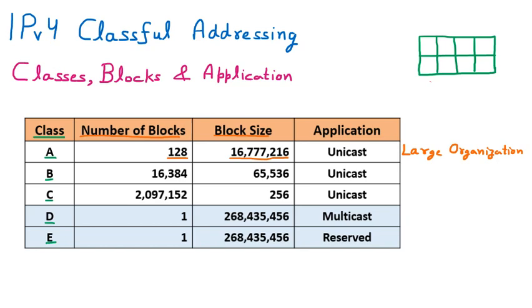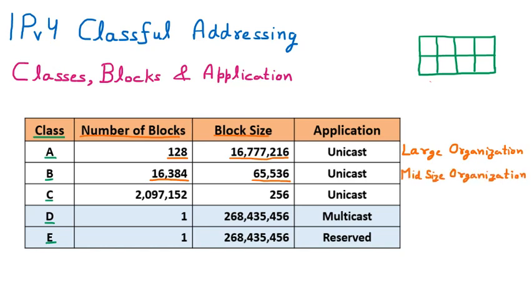Now talking about class B, in class B the number of blocks is more as compared to class A, but the block size is reduced. Obviously, if I increase the number of blocks, the size is reduced, as in the example I have given. So a medium block size is there. If I have a mid-size organization, then class B IPs are used.